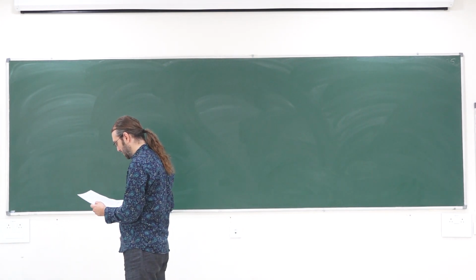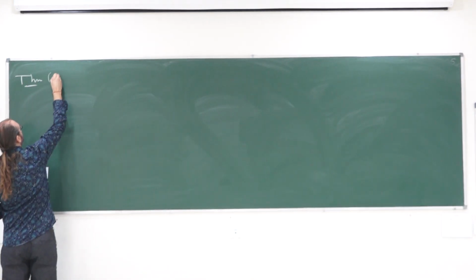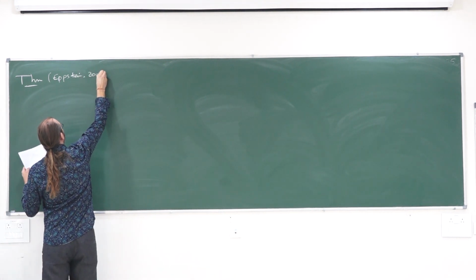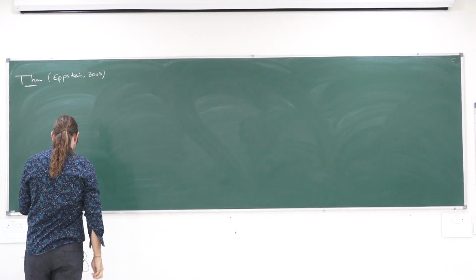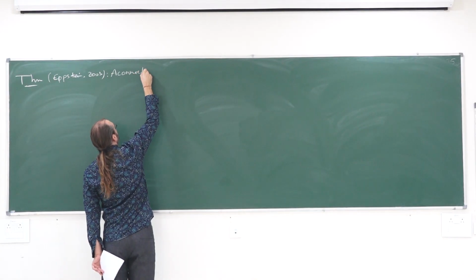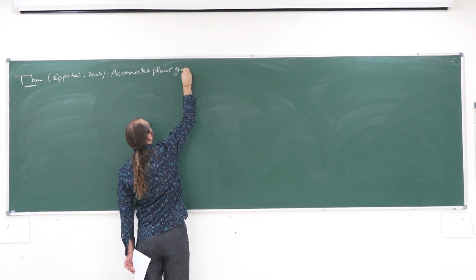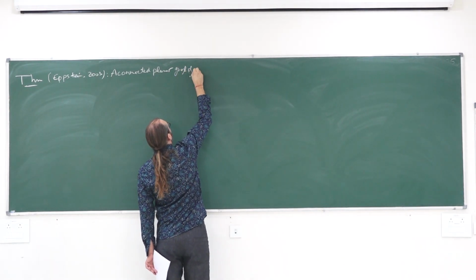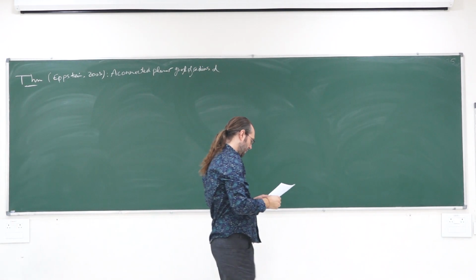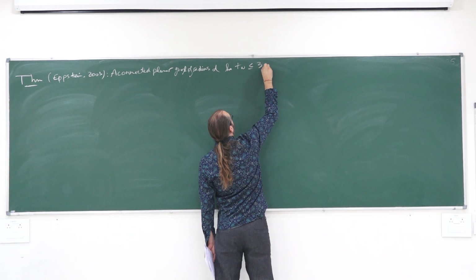So what we had, just to remind you, there were two things. I think 2003, but I'm not sure. It says that if you have a planar graph, where is this d, then the treewidth is at most 3d plus 2.